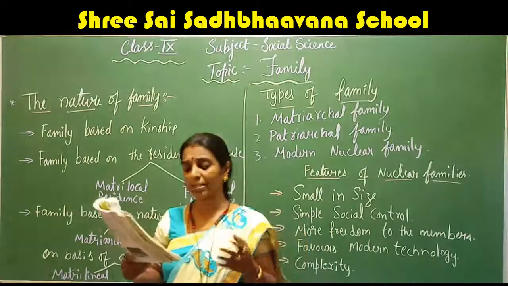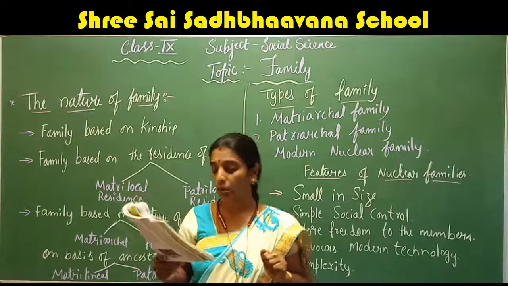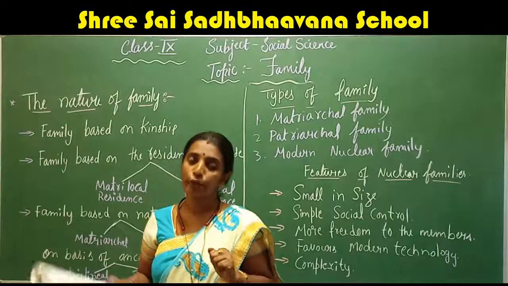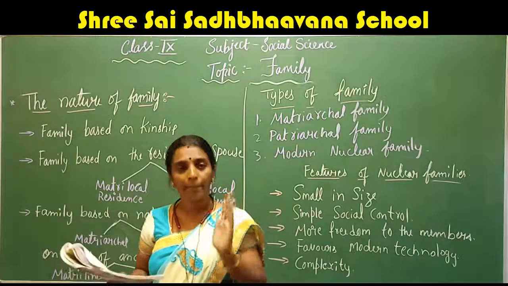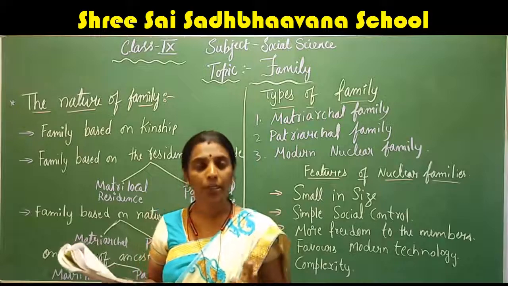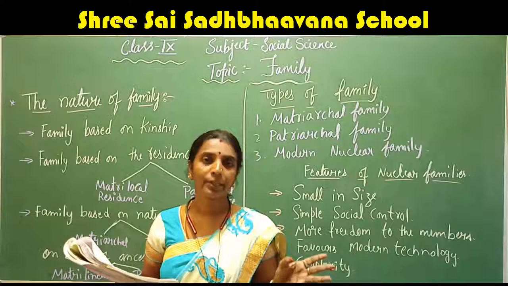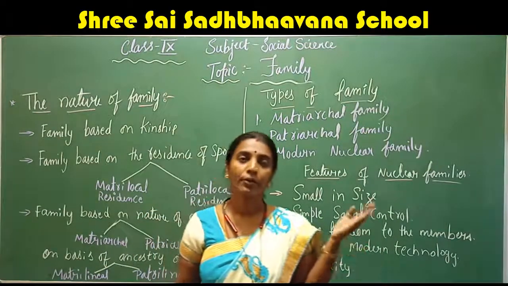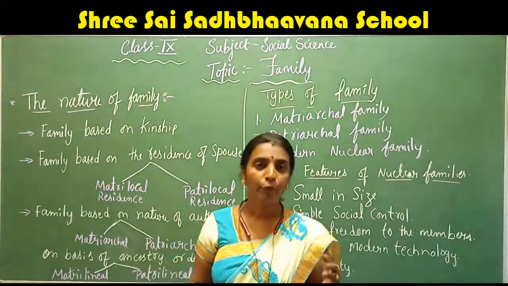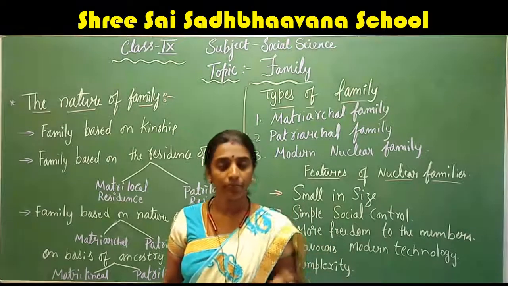But in Kerala, in some communities like the Nayar community, and also in some tribes in the northeast, they follow this matriarchal policy, where the mother's property and authority pass on to the daughter, but not the son or father. When the son does not get the authority or right of property, he cannot pass it to someone.